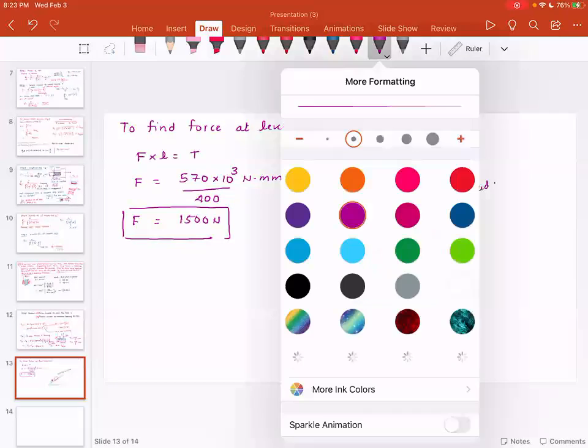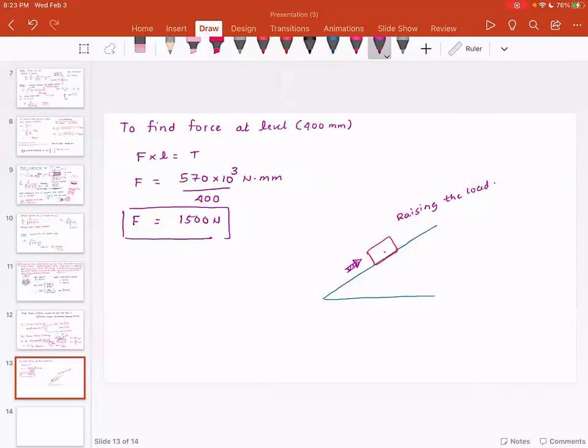So what it means is you have to overcome first the frictional force, which is opposite to the direction of motion.